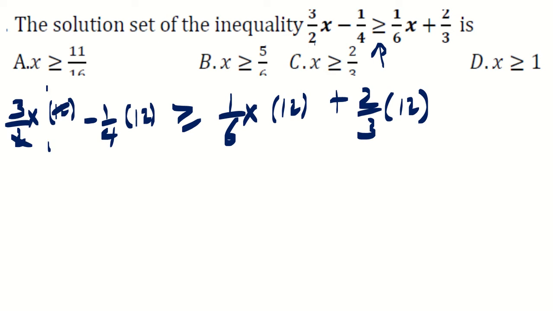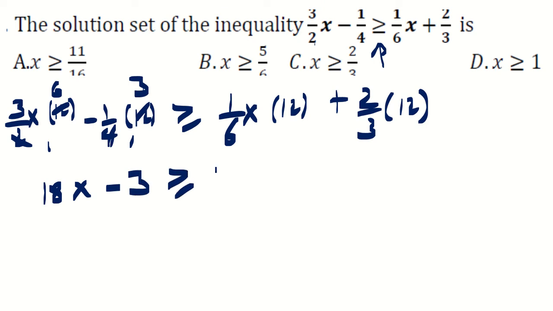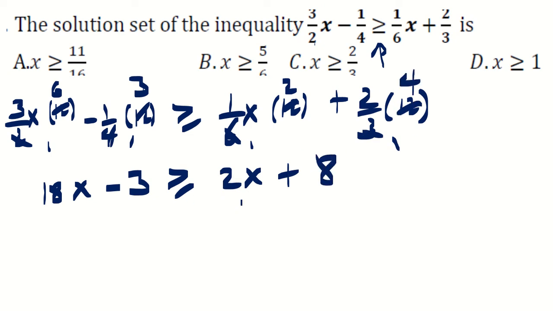By 2, 1, this by 2, 6, and 6 times 3 will be 18x, minus by 4, 1, this by 4, 3, and 3 times 1 will be 3, greater or equal to by 6, 1, by 6, 2, and 2 times 6 will be 2x, plus by 3, 1, this by 3, 4, and 4 times 2 will be 8. Then reshuffle and collect, bring this one here.